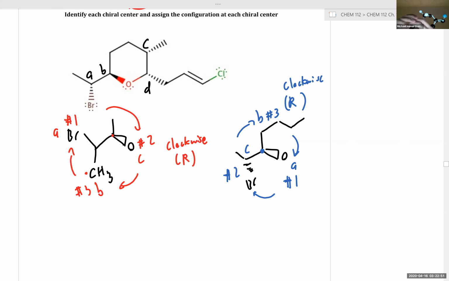I'm going to flip it essentially 180 degrees. And now my methyl group is in front and my hydrogen's in the back. So now all I have to do is just draw what I see.